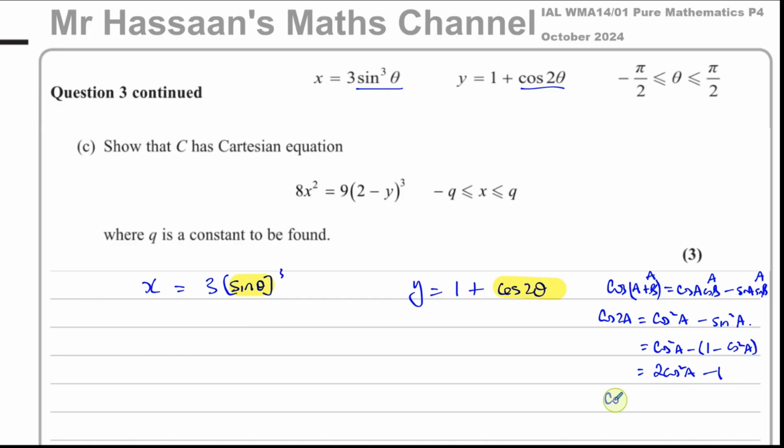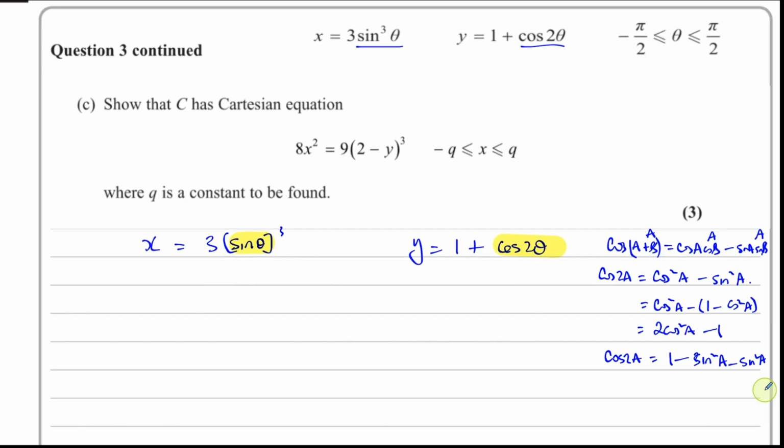However, if I wanted to make it in terms of sine squared A, then this will become 1 minus sine squared A, and this is another minus sine squared A. So I'll end up with cosine 2A equals 1 minus 2 sine squared A.